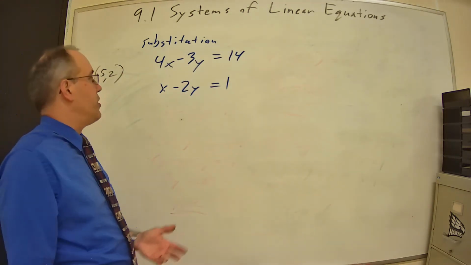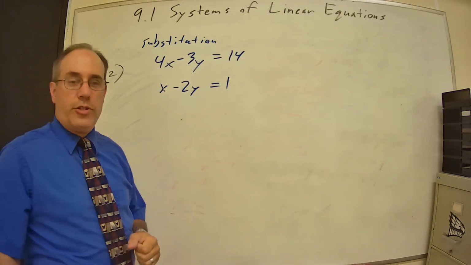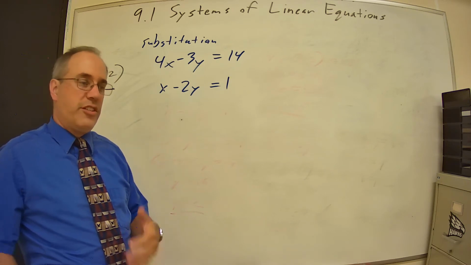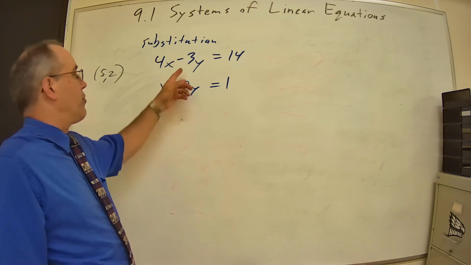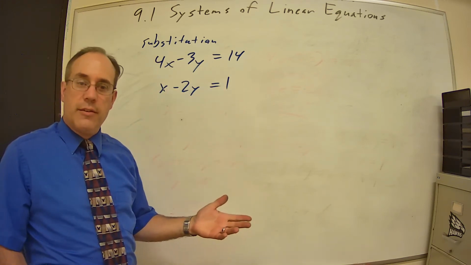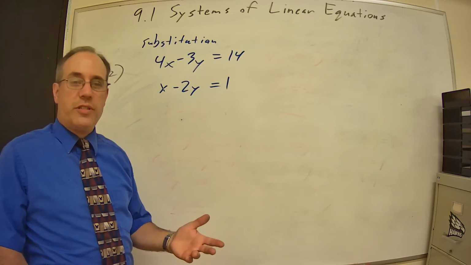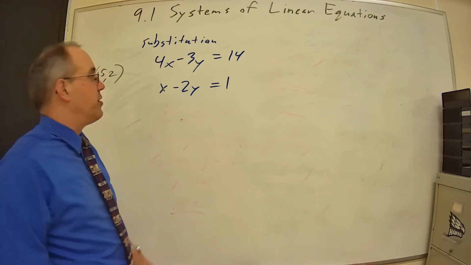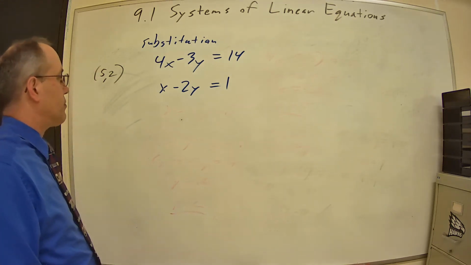Another thing that we could do is we could graph these two equations. And this is solving graphically. We graph those two equations and we look for where they intersect. And where they intersect is the solution to this system of equations.